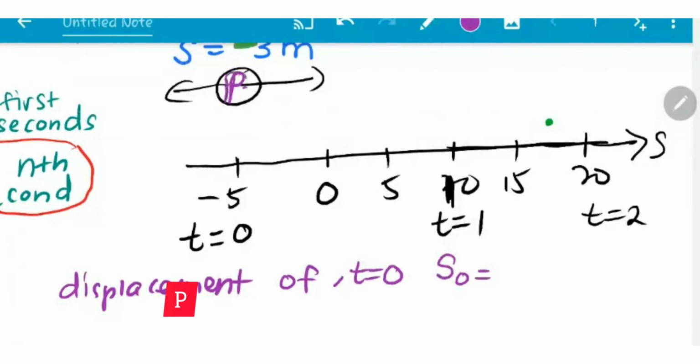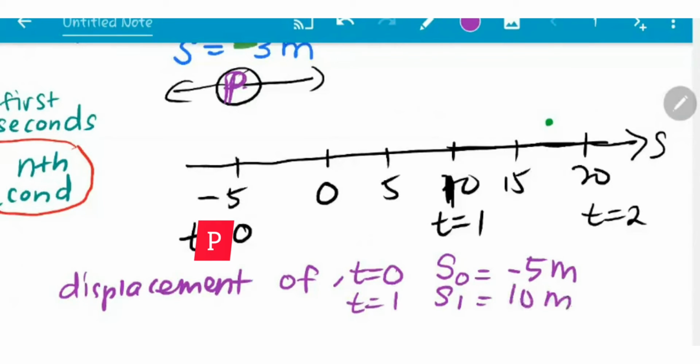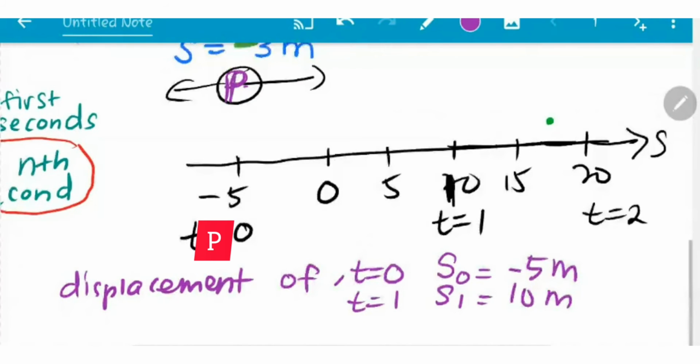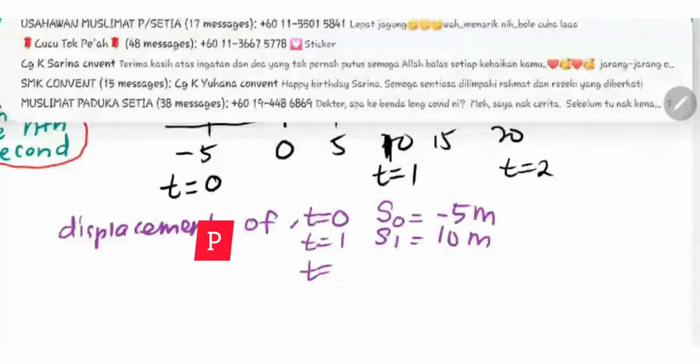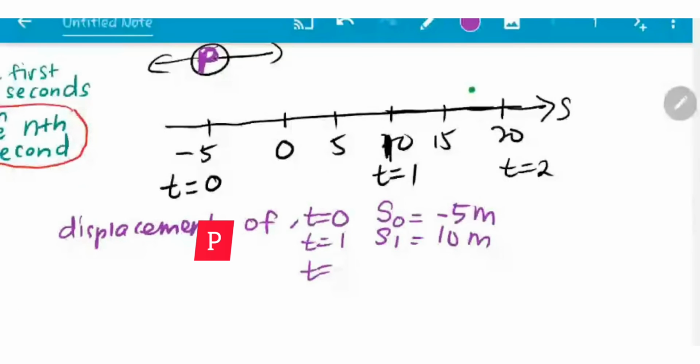Displacement of P when t equals 0. 5 meter. Yes, 5 meter. Okay. Displacement of P when t is 1? 10. 10. Displacement of particle P when t is 2? 20. Okay. Faham kan? Itu displacement, betul?